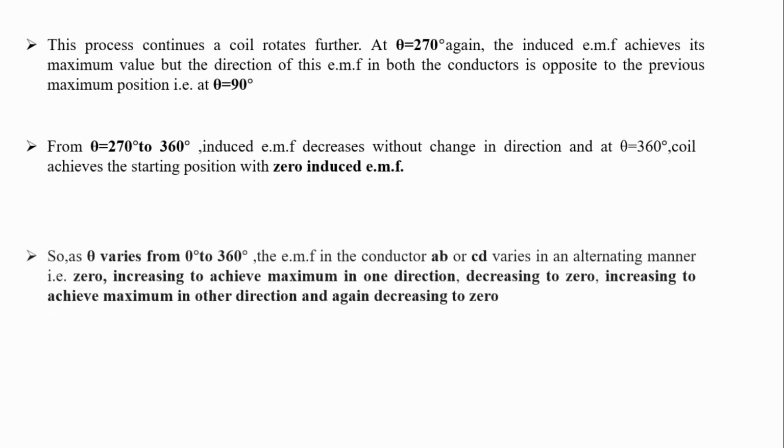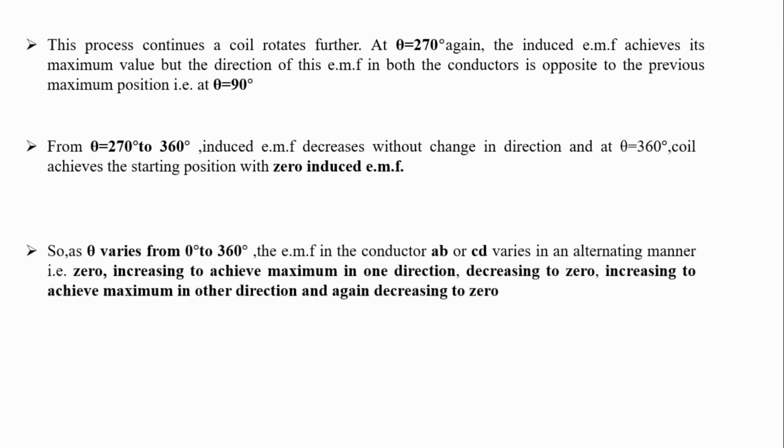So as theta varies from 0 degree to 360 degree, the EMF in the conductor AB or CD varies in an alternating manner, that is 0, increasing to achieve maximum in one direction, decreasing to 0, increasing to achieve maximum in the other direction, and again decreasing to 0.